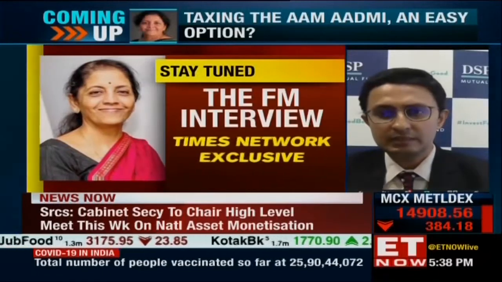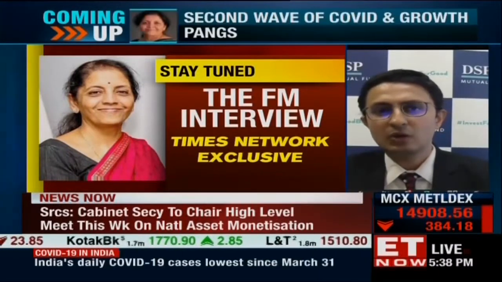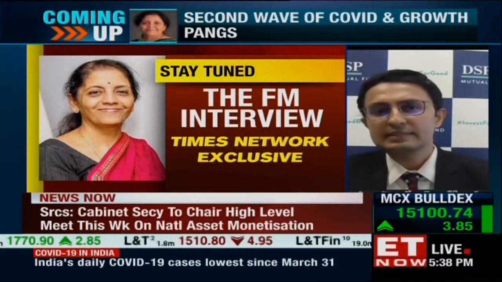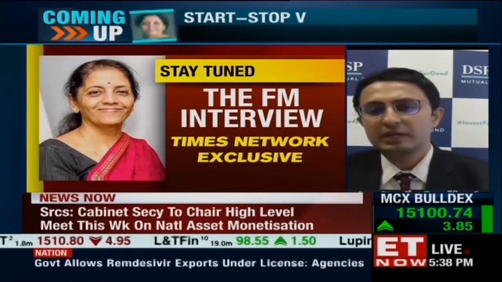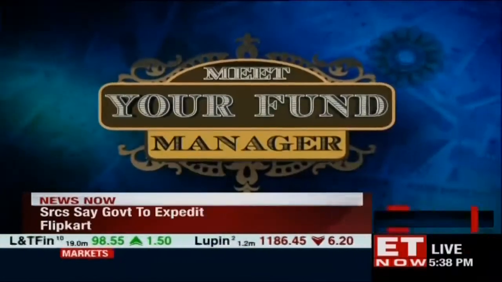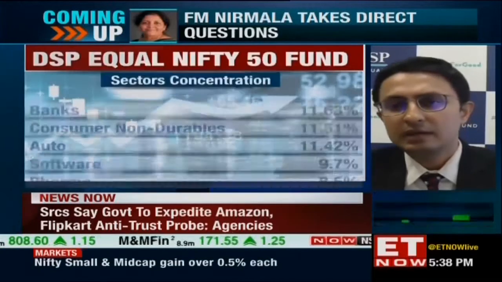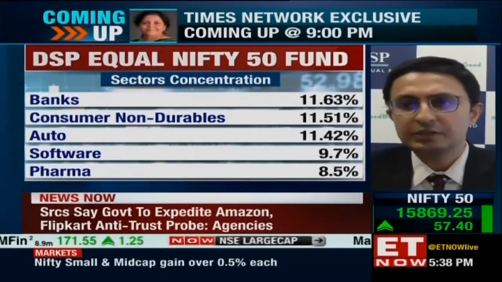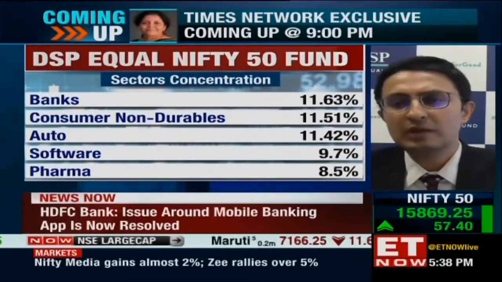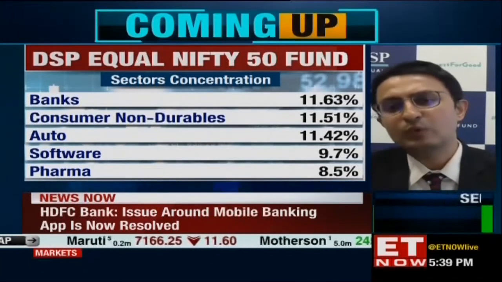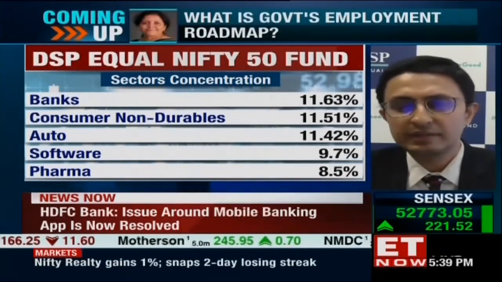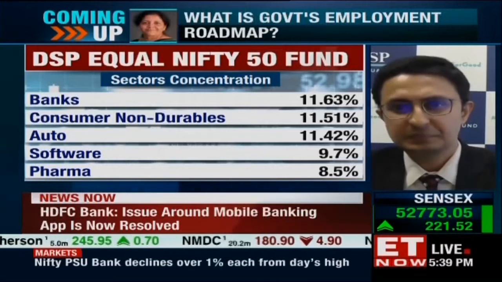So because of this sectoral allocation being overweight in these particular sectors, it has helped a lot in the post-recovery rally. And we believe that structurally, if these kinds of sectors continue, then we would have a period of outperformance of this particular Nifty equal weight index continue.